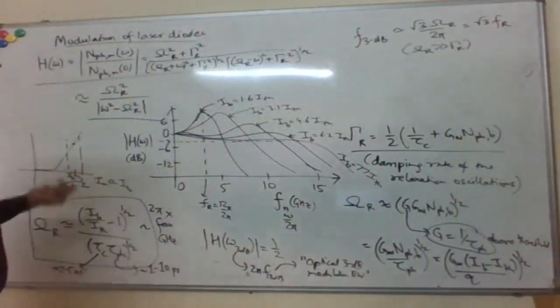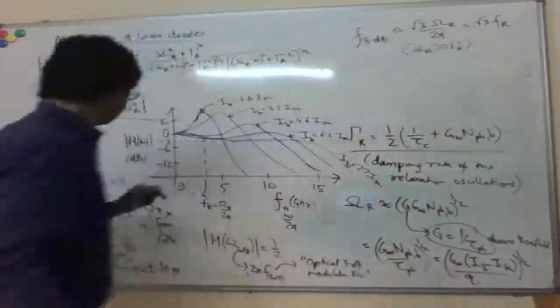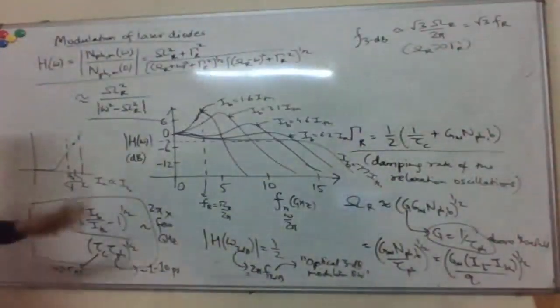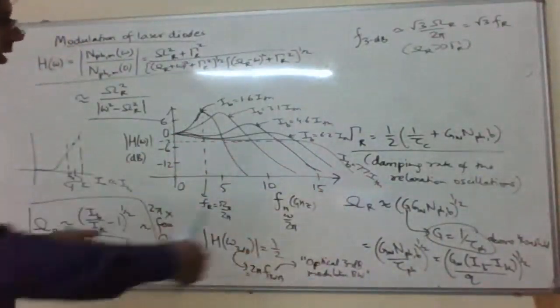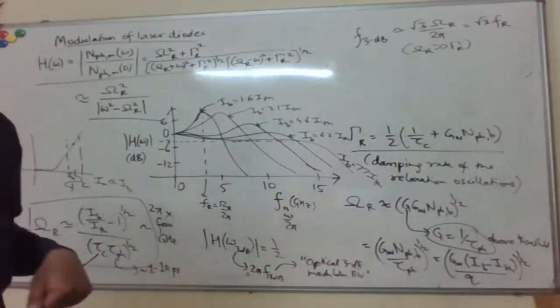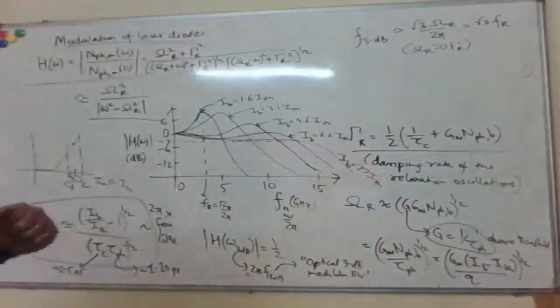So again, the 3 dB modulation bandwidth scales with the relaxation oscillation frequency, which scales with the bias current. If you want to send signals with higher bandwidth or higher frequencies present in the signal, then you want to bias it at higher currents.